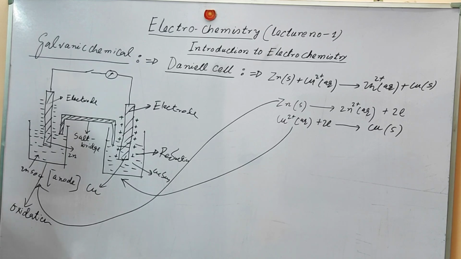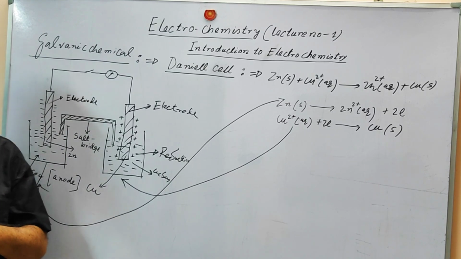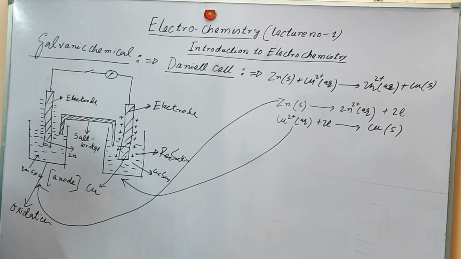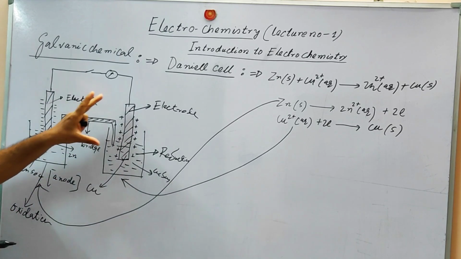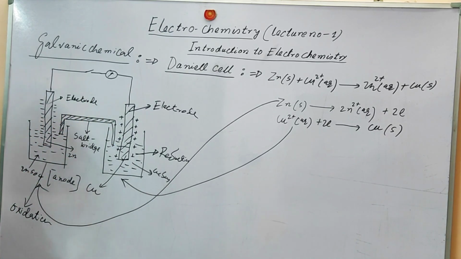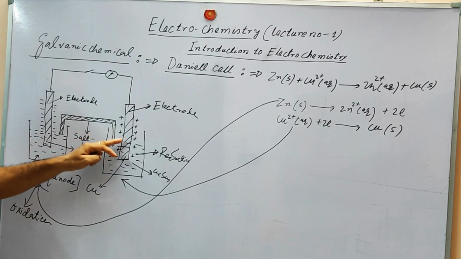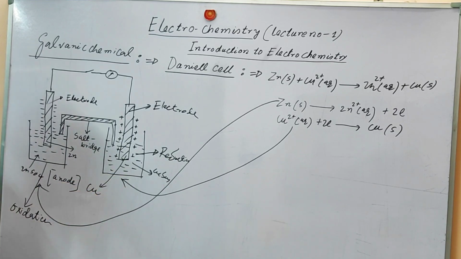This is called the potential difference between the electrodes and the electrolytes. Here it is a negative potential for the zinc rod, and for this rod we call it a positive potential, or the oxidation potential, or here the reduction potential.